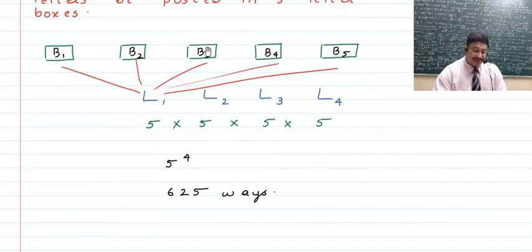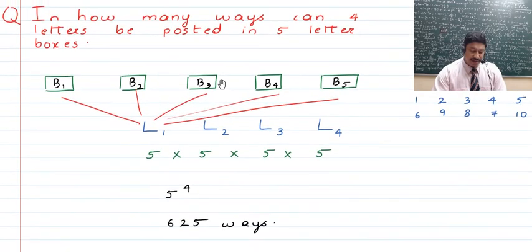So I'll just quickly discuss this. Here in the question, you've been given that there are 4 letters which have to be posted in 5 boxes, right? So these are the letter boxes where the 4 letters are to be deposited. The first letter can be deposited in B1, that is box 1, B2, B3, B4 or B5.